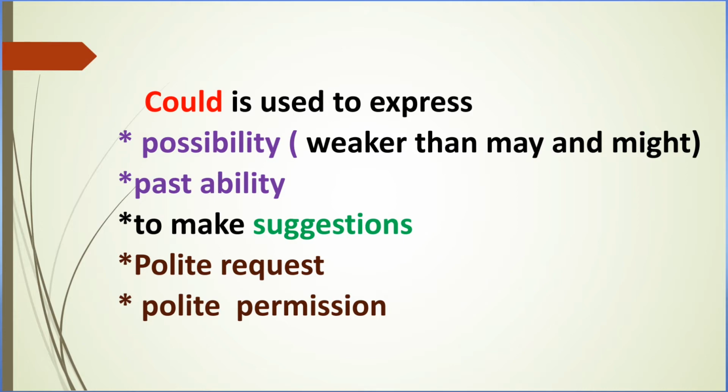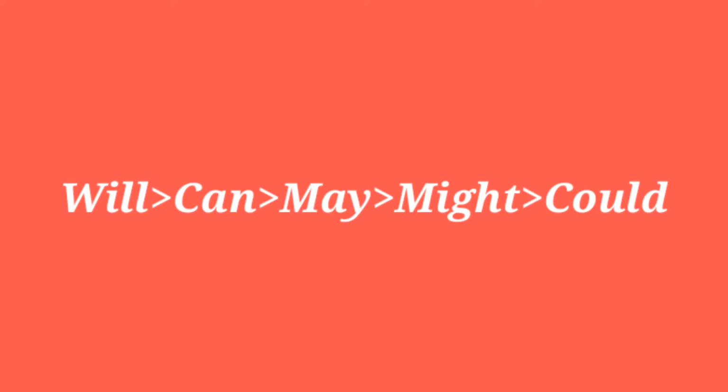So now let me tell you, there are 5 modals that can be used for possibilities. First one, will. So will, can, may, might and could. So let me explain you the percentage of the possibility also. If the word will, the possibility is 100%.